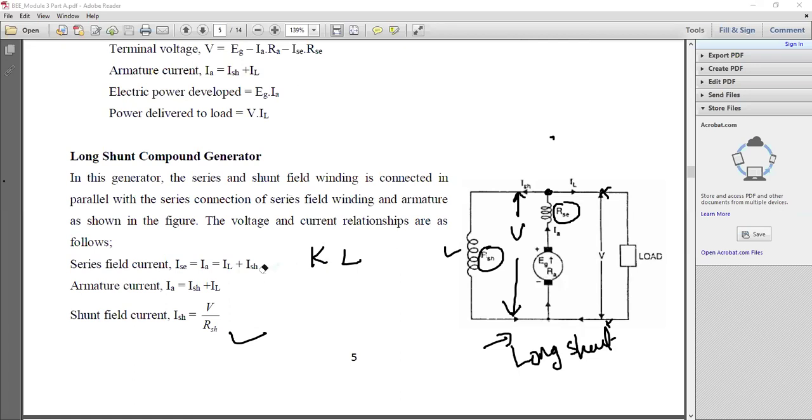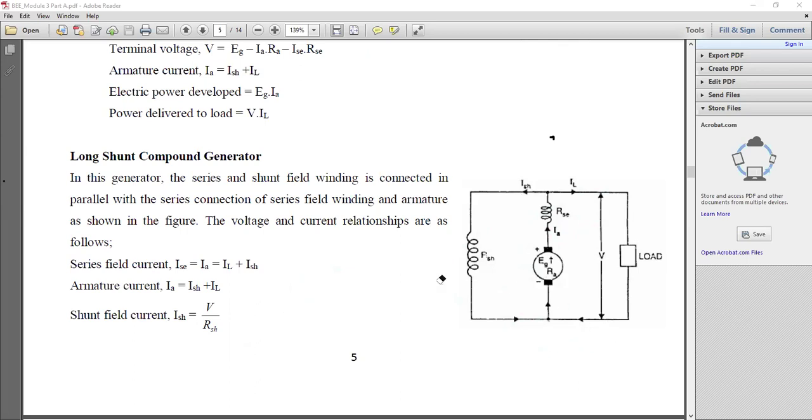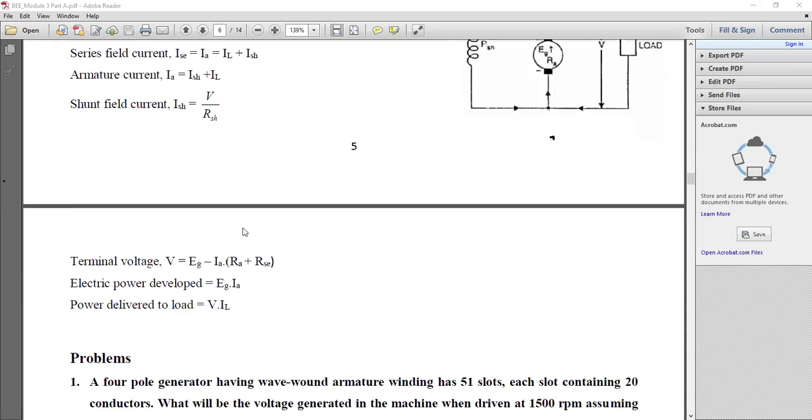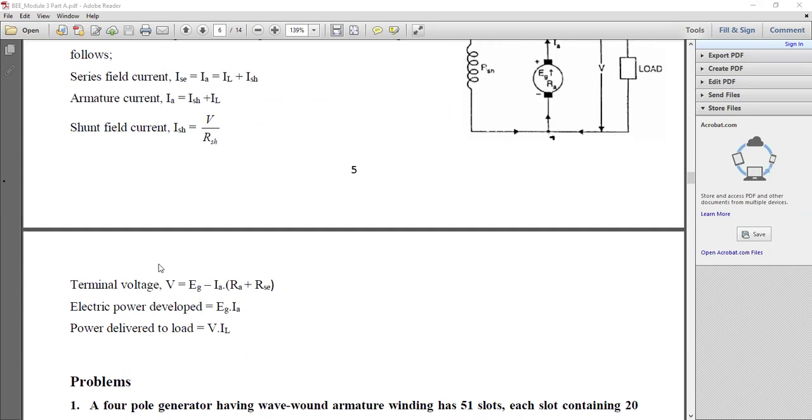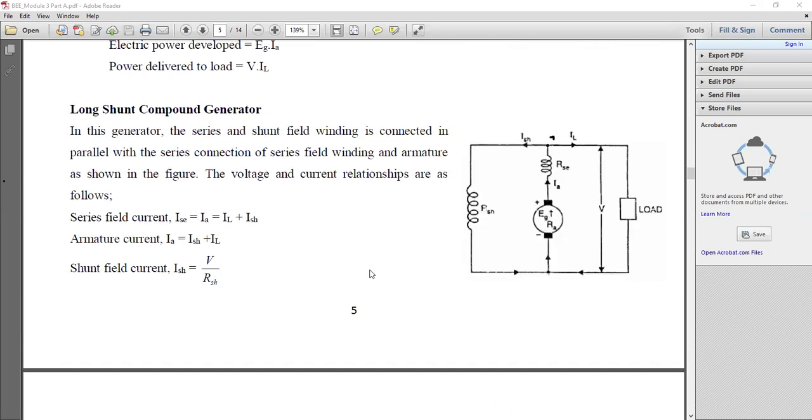These are the equations which are required to solve the numerical examples and for analysis purposes. So make a note of this. Also, the terminal voltage we can write as V is equal to EG minus IA into RA plus RSC, because we have two series connected components. One is RSC, the other one is RA.